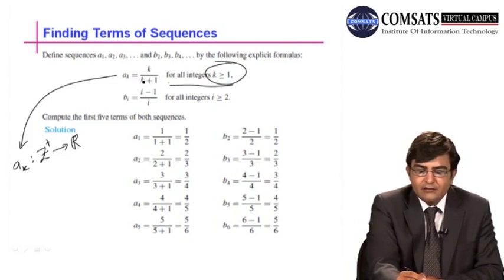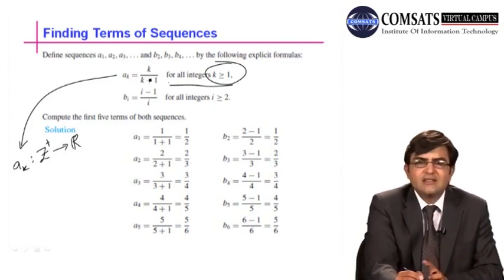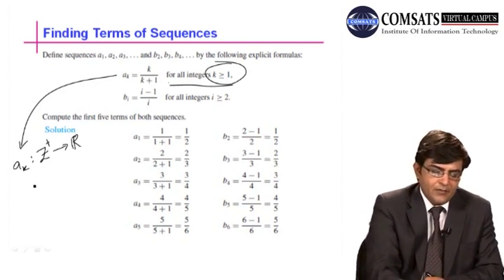If we put 1 here, we get 1 over 1 plus 1, that is 1 by 2. 1 by 2 is not an integer, it is a rational number, or in general a real number.